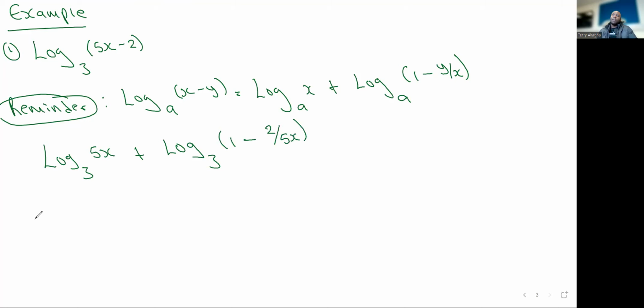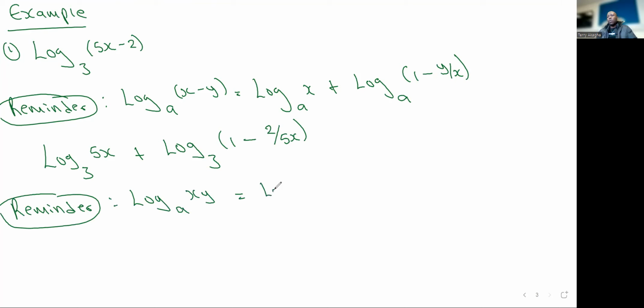I can break 5x down using the product law, because we know that log_a(xy) equals log_a x plus log_a y.